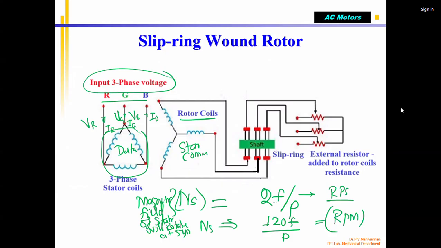P is nothing but the number of poles. In the previous example, how many poles did we have? P equals 6 poles.